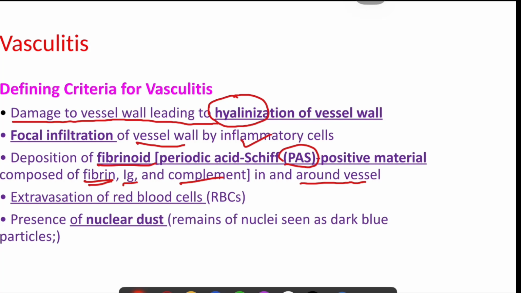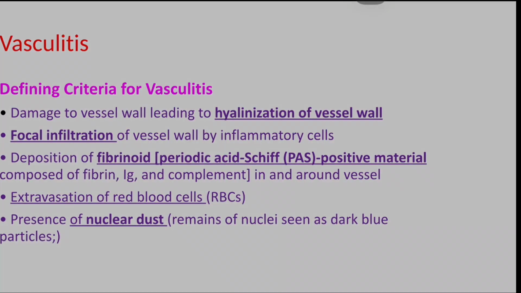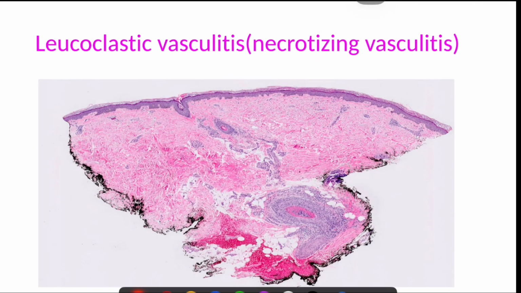Then there is extravasation of RBCs, and the presence of nuclear dust, which is nothing but the fragmentation and remains of nuclei, seen as a dark blue appearance. So, this is the microscopic picture of leukocytoclastic vasculitis or necrotizing vasculitis.